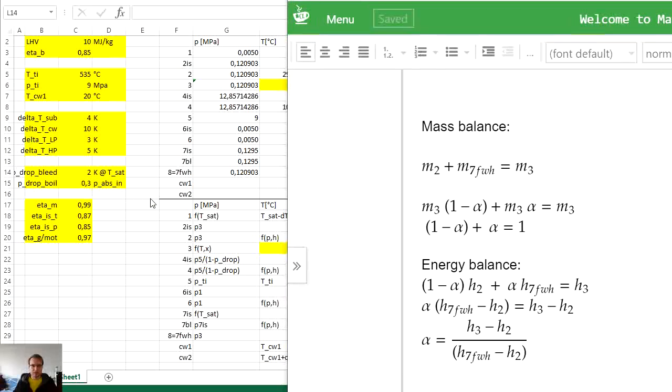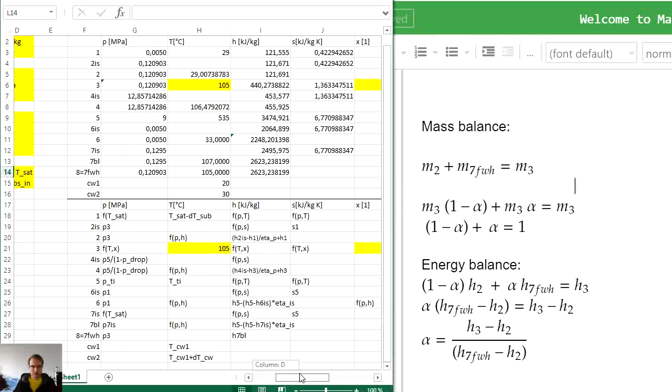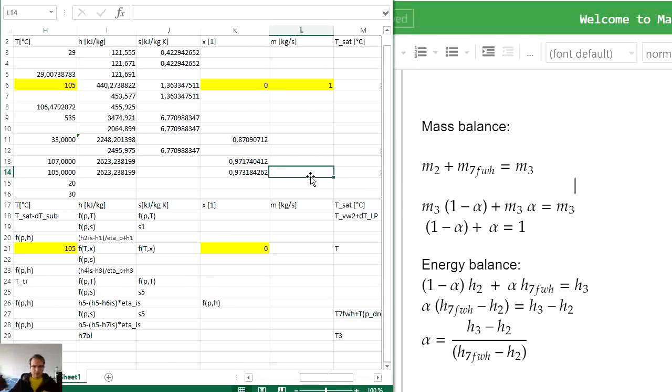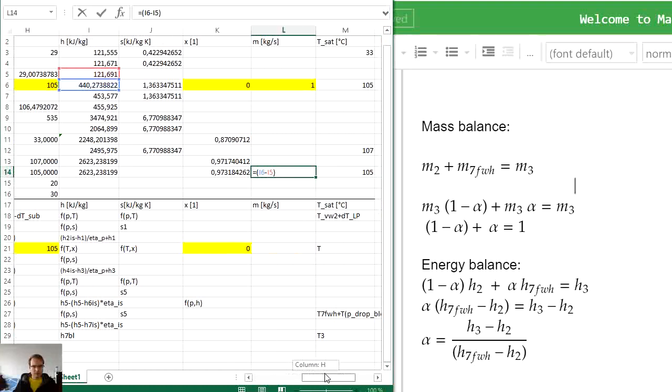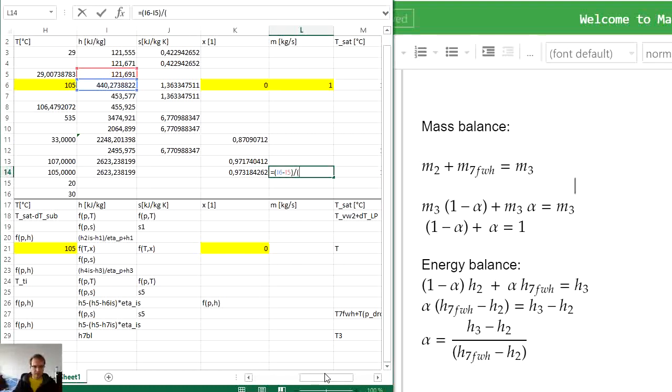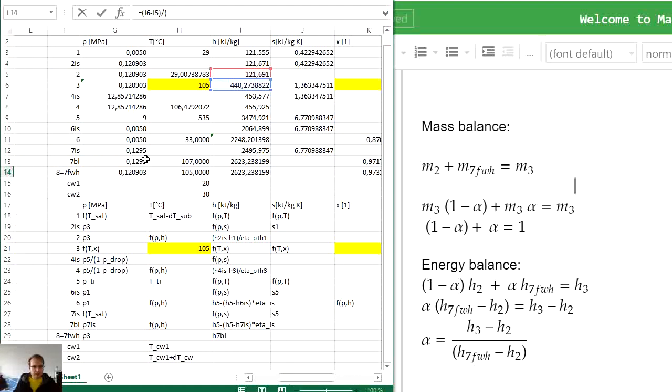So here enthalpy at 3 minus enthalpy at 2 divided by enthalpy at 7 feedwater heater minus H2.